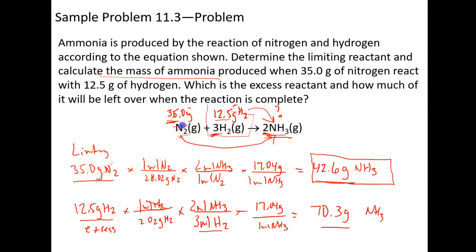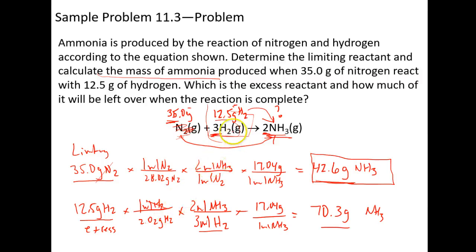The nitrogen is all gone. Nitrogen has been consumed. So all I have left is hydrogen, because 12.5 grams makes 70.3 grams. If I had more nitrogen, the excess hydrogen would keep reacting, and I'd keep making more and more ammonia.